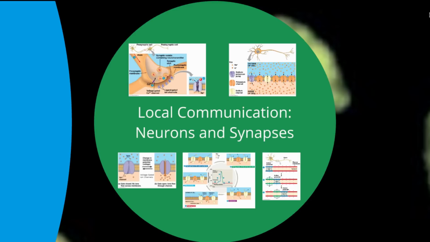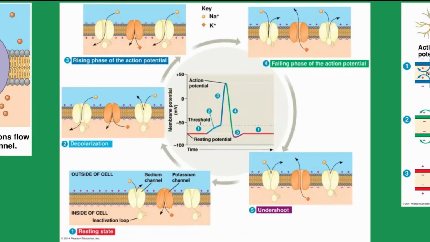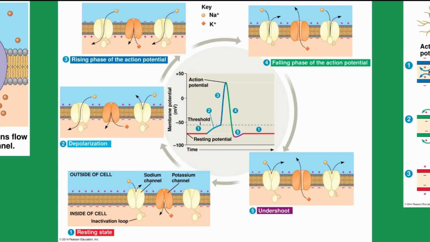So when the signal gets to the end of the neuron, the neurotransmitters are released, and they bind to the receptor on the next cell in line, and that cell then picks up the message and responds accordingly.